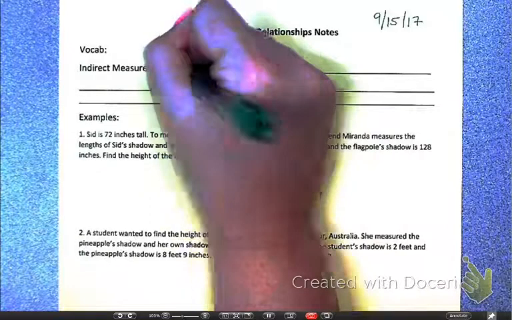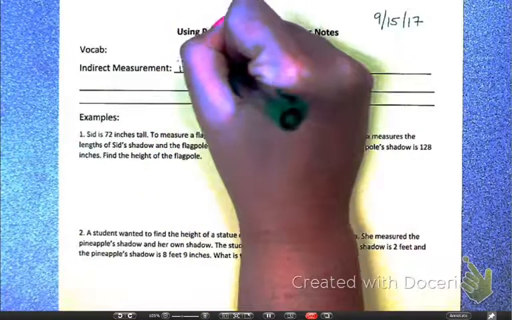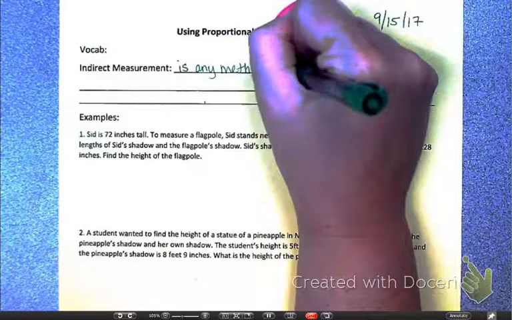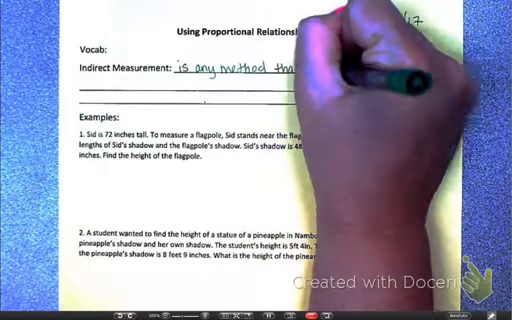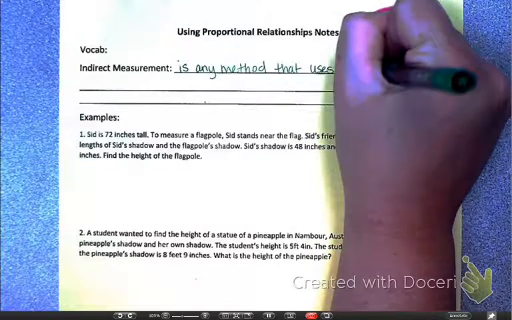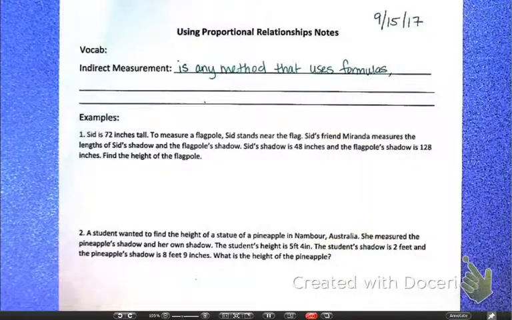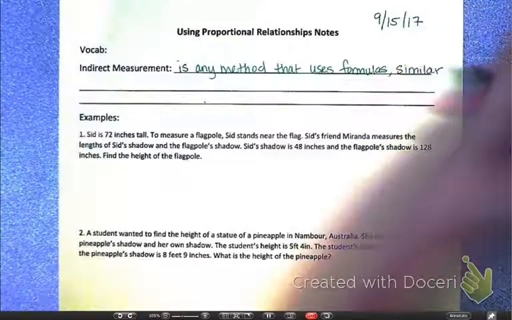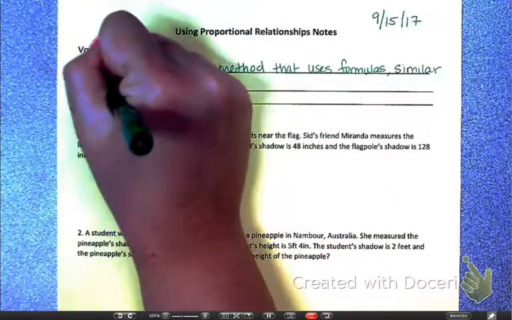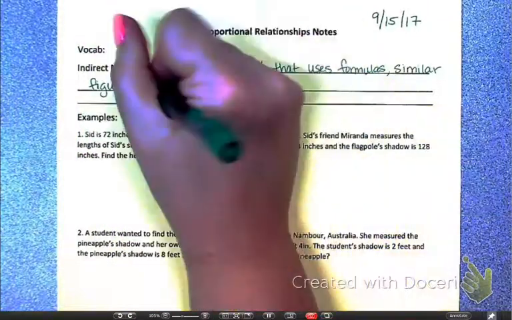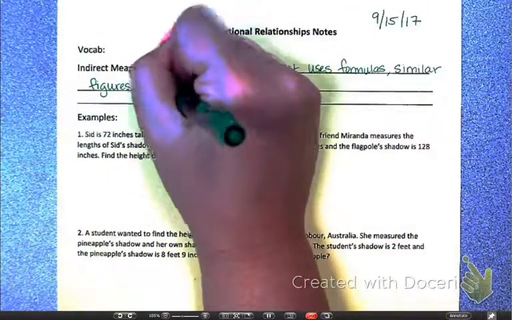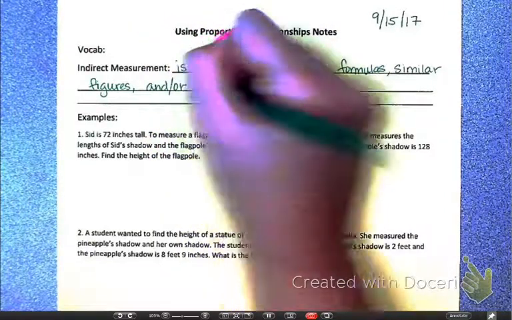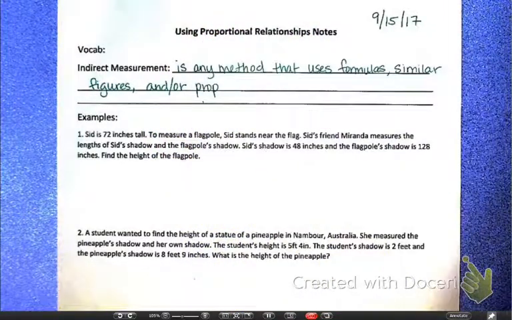This is any method that uses formulas, similar figures, which we've been talking about for weeks, and/or proportions, again, which we've been talking about for weeks.